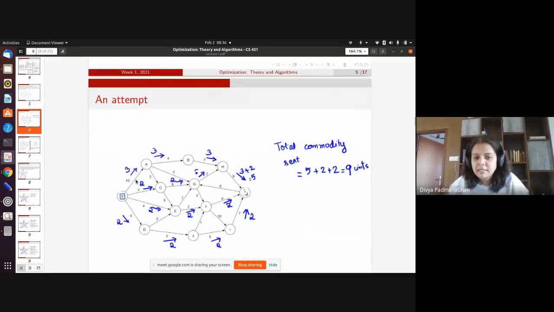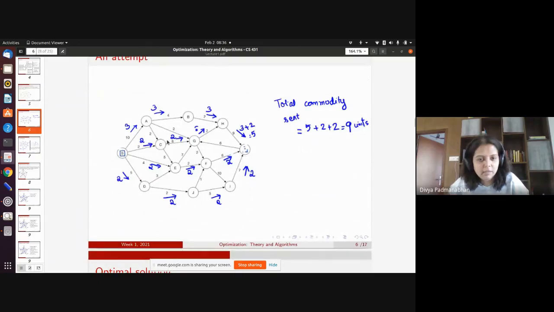One attempt was to look at a path. If you look at the first path here, S A B H T, the smallest capacity was this arc here. This was the limiting one, so you just propagate 3 on all the other links as well.